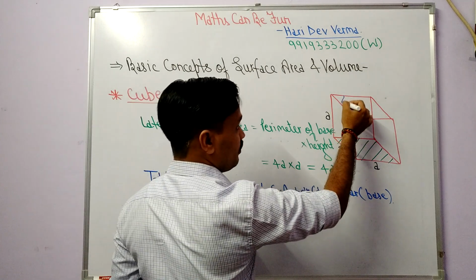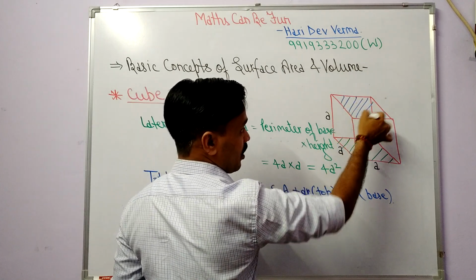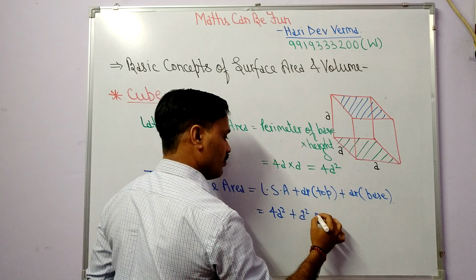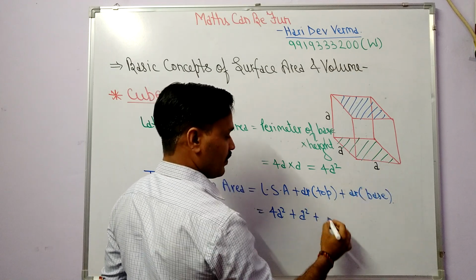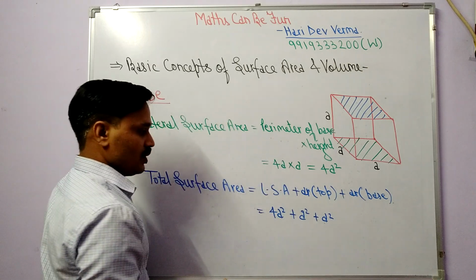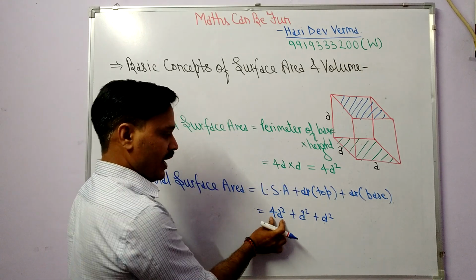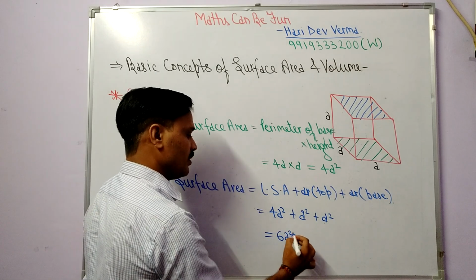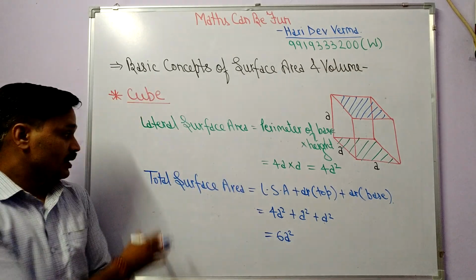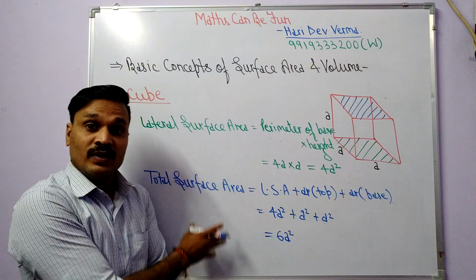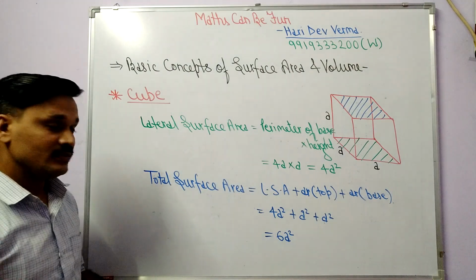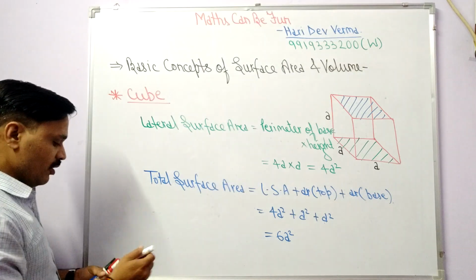What is the area of this top? Area of this top is a square, plus area of base, a square again. So what will we get? 4a square plus a square plus a square is 6a square. So we can conclude total surface area of cube is 6a square.